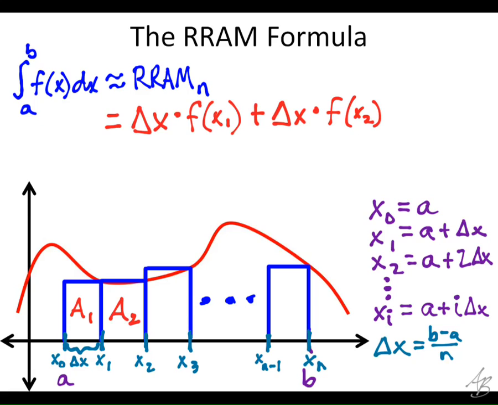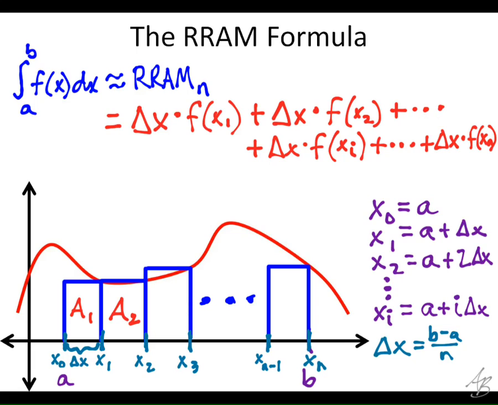So if I wanted to generalize this, a general term in this sequence or series would be delta x times f of x sub i for the ith term. And then we would continue on until we get to the last term, which would be delta x times what? x sub n. So the very last one is going to be x sub n.